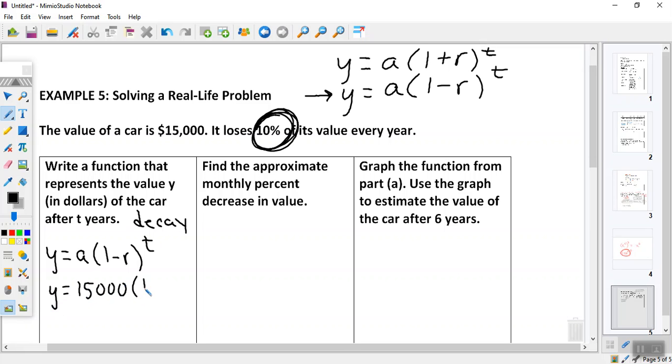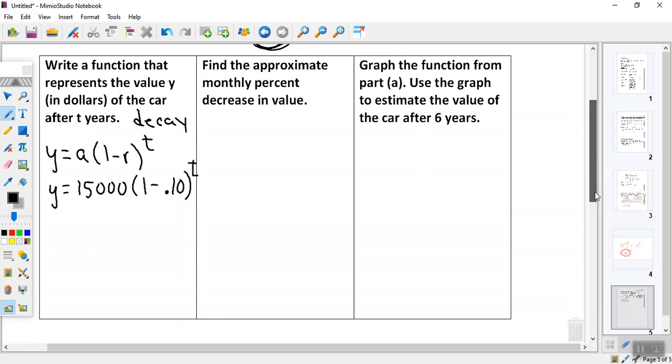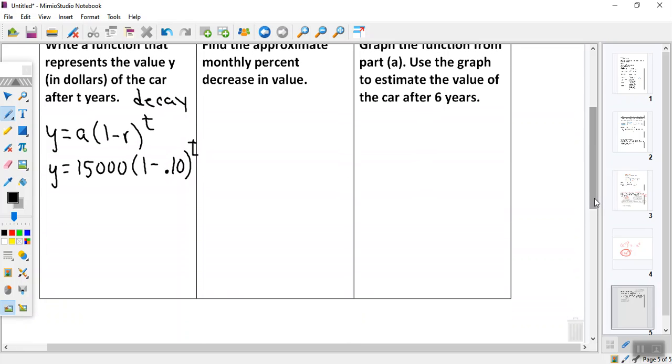And then we're going to have 1 minus, okay, your percentage rate r must go in as a decimal. So what's 10% look like as a decimal when you move that decimal back to the left 2 places? How much? 0.1 or 0.10? All to the t. Well, guys, what is 1 minus 0.10?